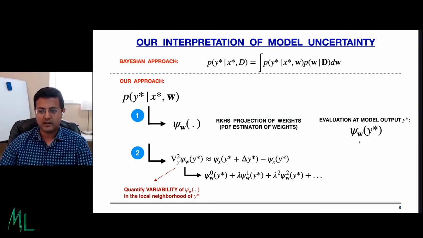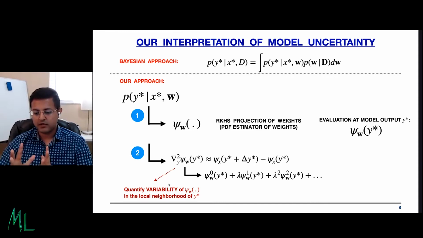If you evaluate this PDF at any given model output, you get a sense of how the weights behave around that particular output. The second step is to use operator theory in quantum mathematics to measure the gradient flow of this RKHS projection of weights, or the PDF of the weights. That gives us the variability of the PDF of weights around the local neighborhood of the output.